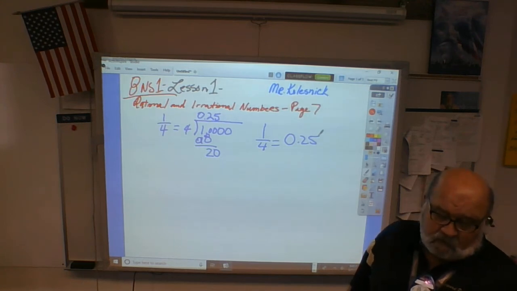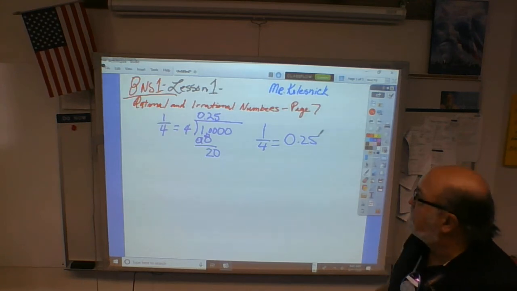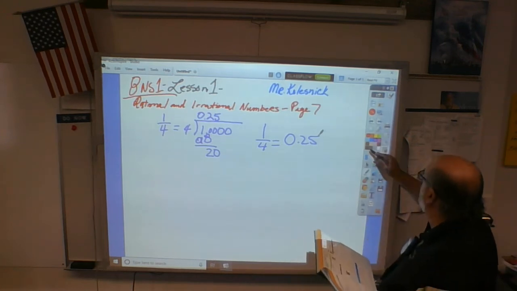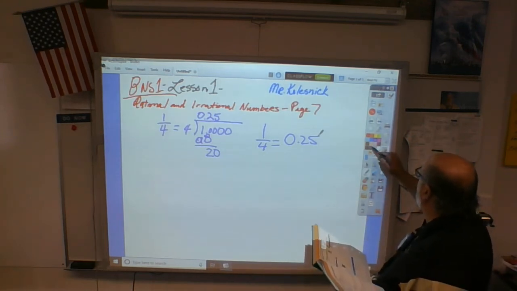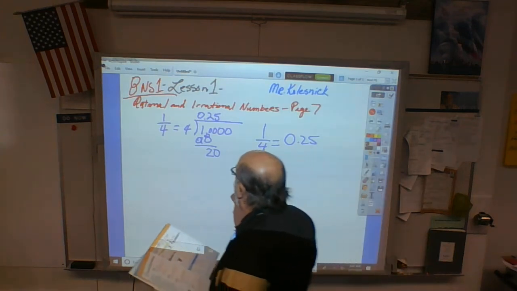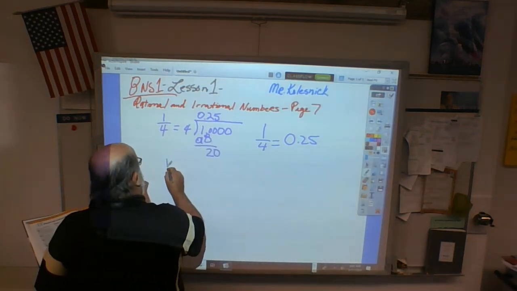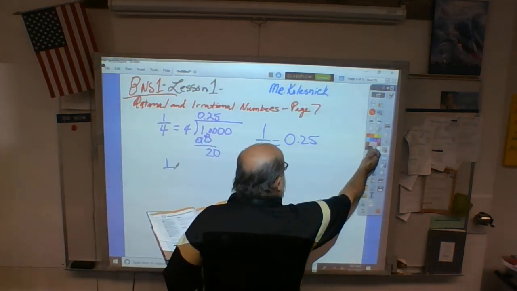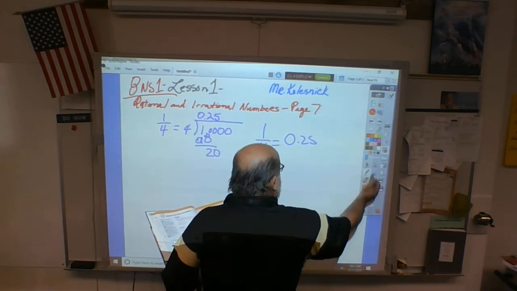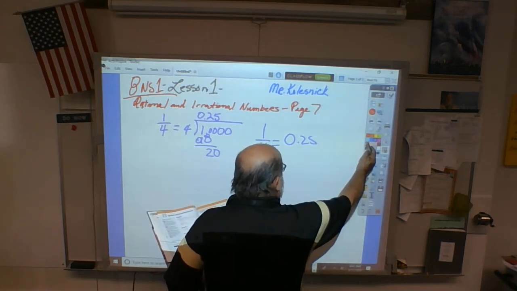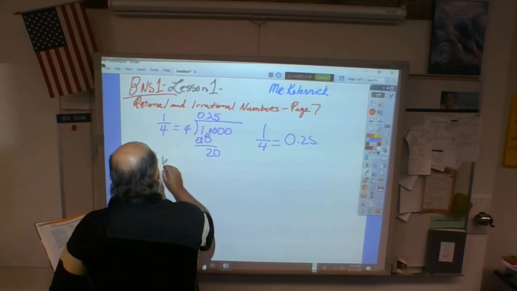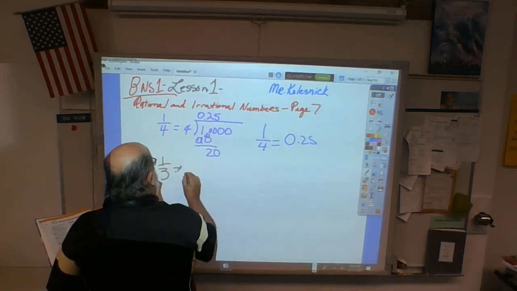All right, now, if we move on to example B on the bottom of the page, it talks about 1 divided by 3. So 1 divided by 3 is going to look a little different than this. It's going to look like this.